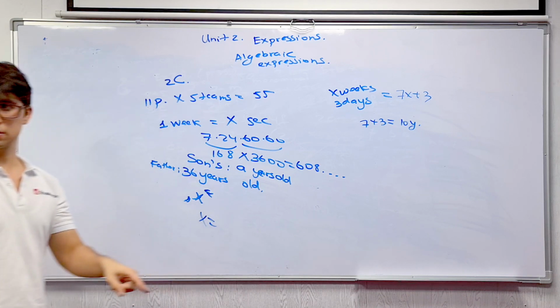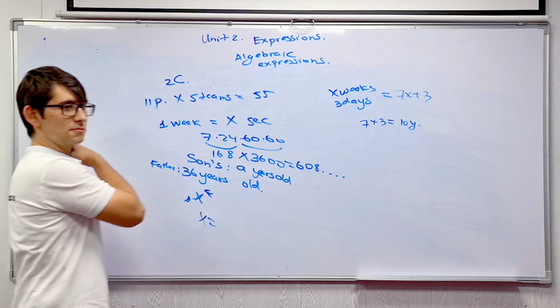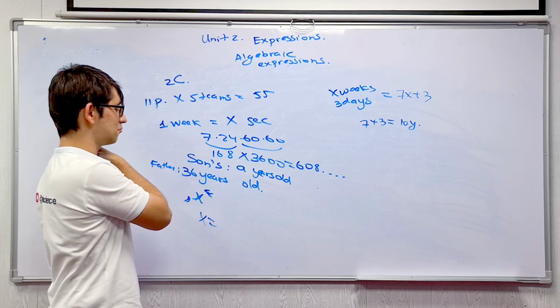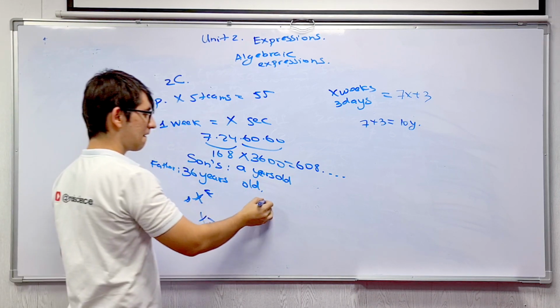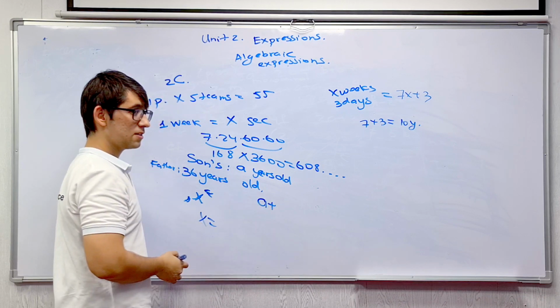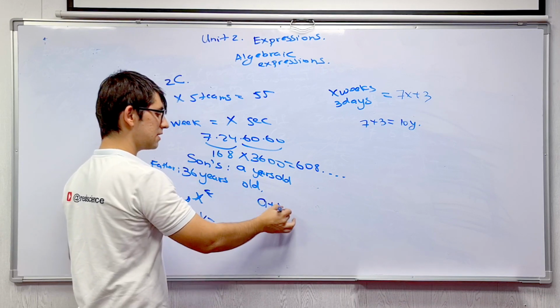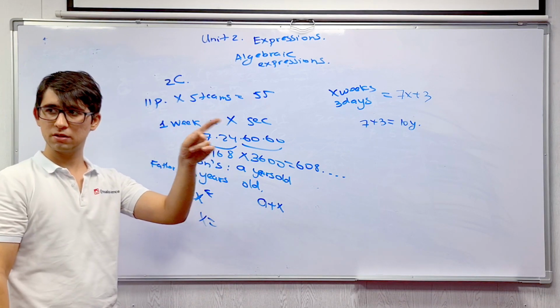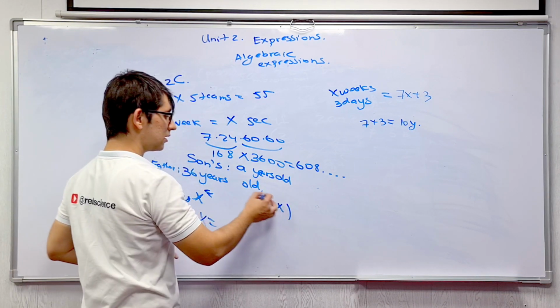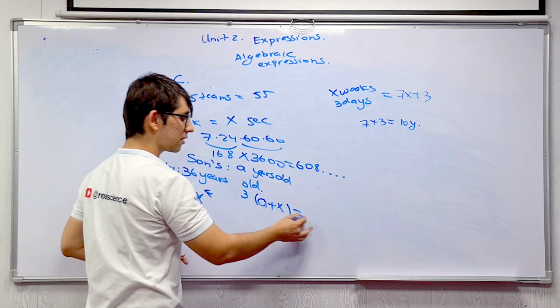It should be in terms of a. a plus x is the age of the son after some time in the future. If you multiply it by 3, what will you get?